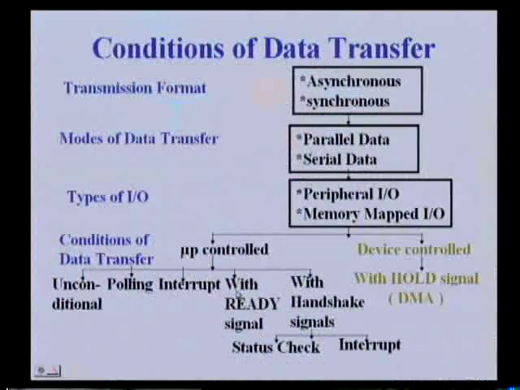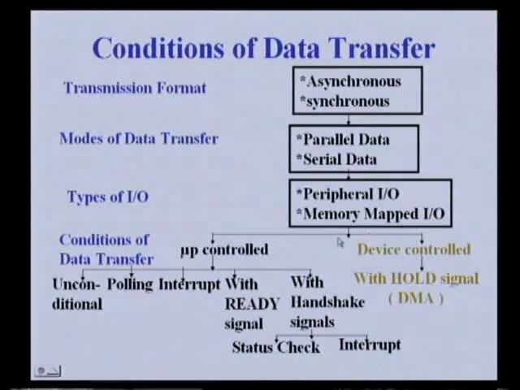And next method is with ready signal. You know, the microprocessor has a pin called ready. It is used by normally low speed peripherals. Since many peripherals' speed is less in comparison with the execution speed of the microprocessor, the peripheral may require more time.